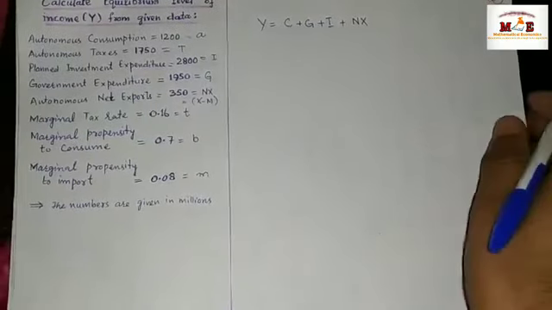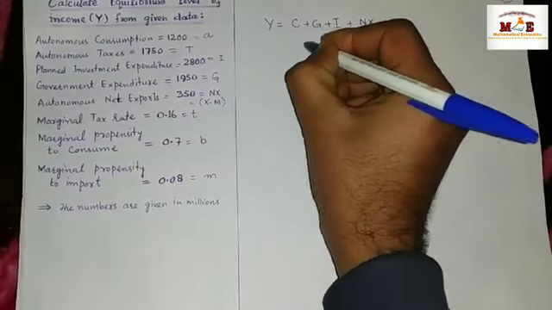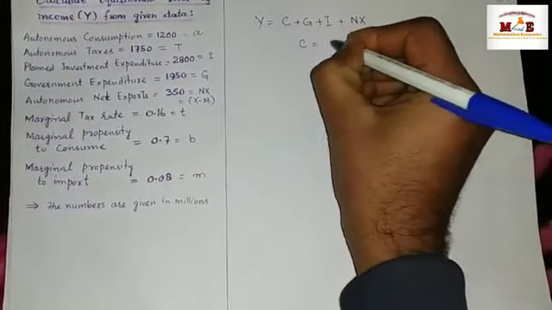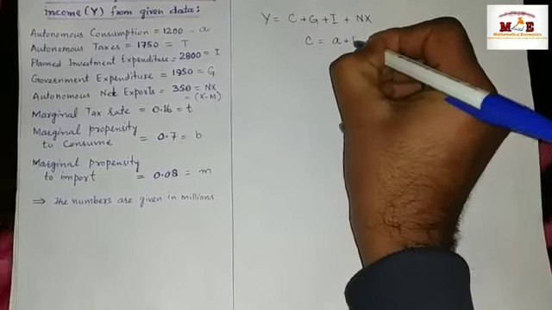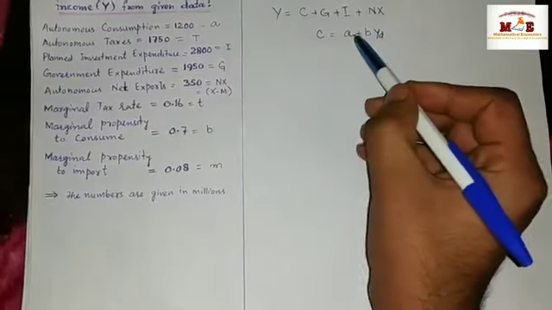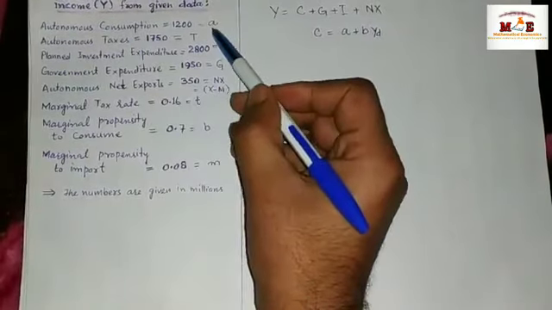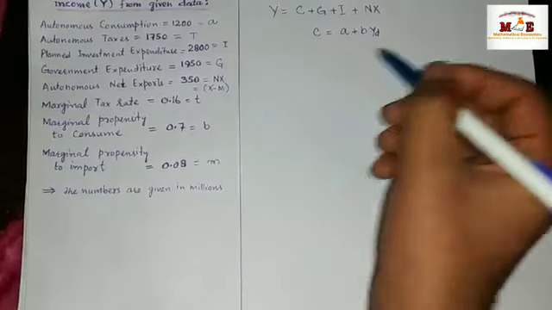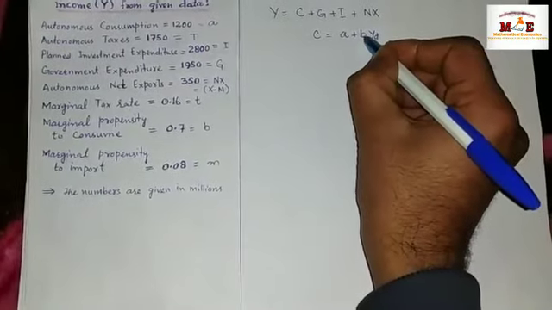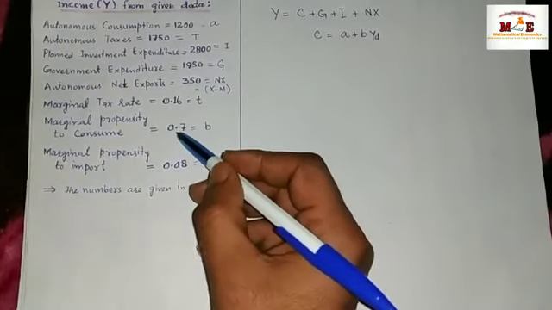The consumption expenditure, that is C, can be calculated using a formula, C equals A plus B YD, where A is the autonomous consumption, which is given in our question as 1200 million, and B represents the marginal propensity to consume, which is equal to 0.7.